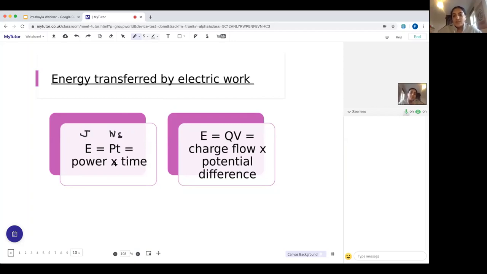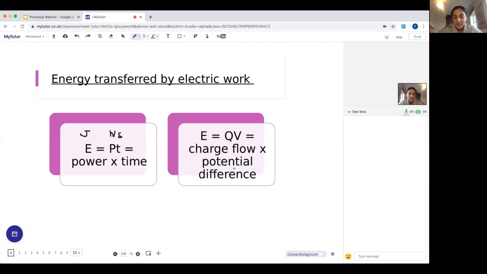And we use this equation usually when we're talking about household appliances, and you'll see that in just a second when we go through power ratings. This equation tends to be used for kettles, toasters, microwaves. They're the kind of common appliances that we can apply this equation to. So that's the first of two equations.